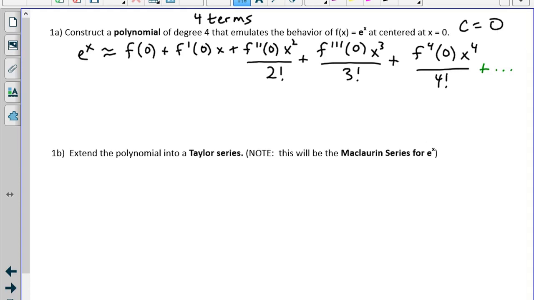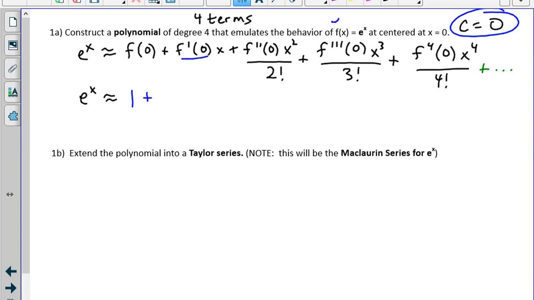All right, so if we actually evaluate these things, e to the x is approximately, notice that this is an approximation, f of 0 is 1. That's important because that's where we're starting our approximation. Since our center is at 0, we're starting our approximation where x equals 0, and that's 1. That's what we did with a tangent line too. Now, let's add f prime of 0.